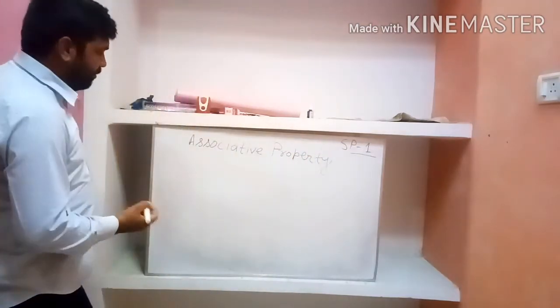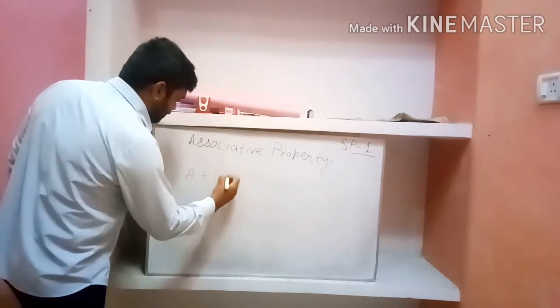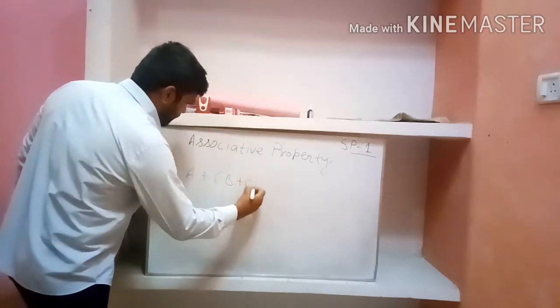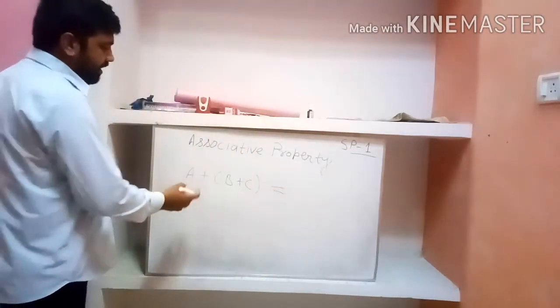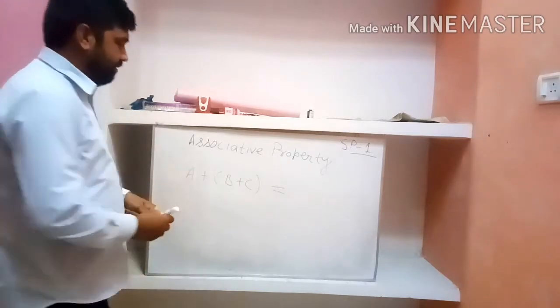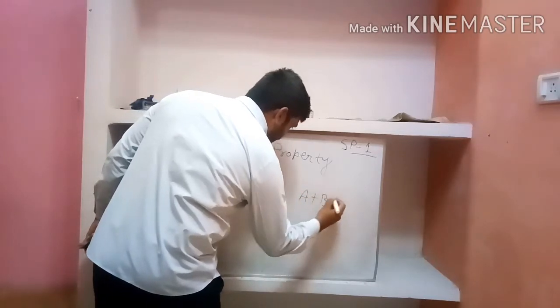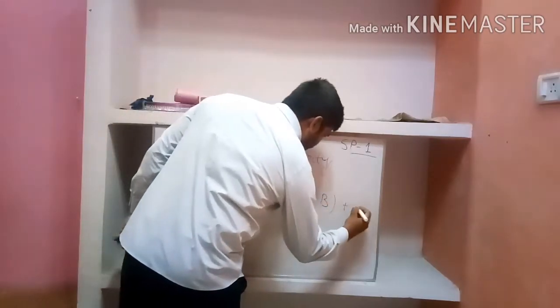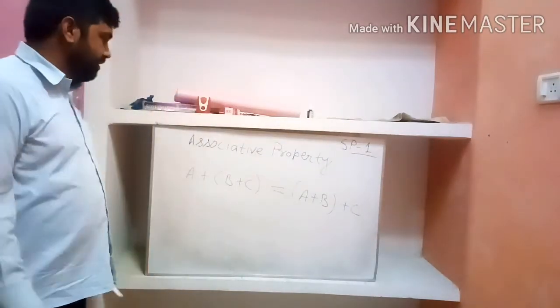Suppose there are three numbers, a plus b plus c. Here, to the sum of b and c, I am adding a. Another thing I can do is, to the sum of a and b, I can add c. In both cases we will get the same result.